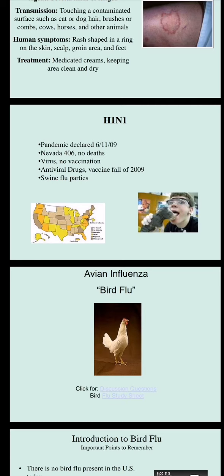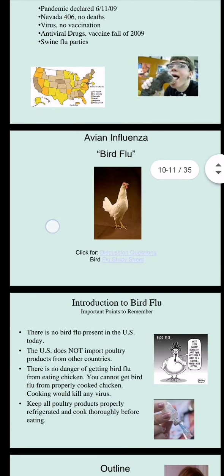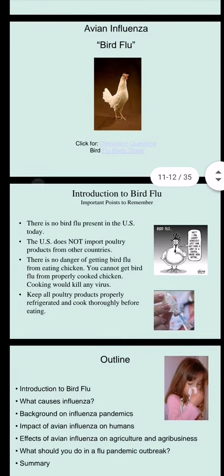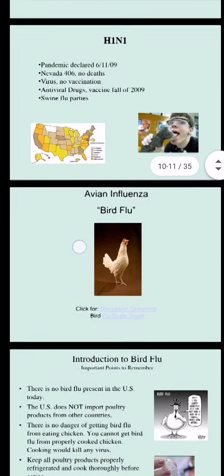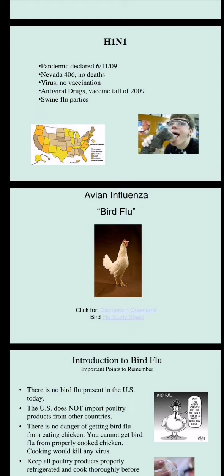This is caused by the H1N1 virus and had no vaccination. Antiviral drugs could prevent the disease, with a vaccine in the fall of 2009, and swine flu parties. Avian influenza, or bird flu, will be discussed in the next lecture.